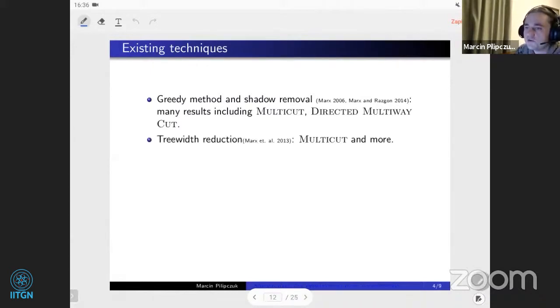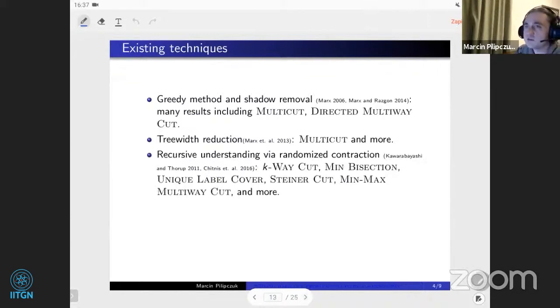There is something called tree reduction, where if you have a fixed sink and fixed source, then all the cuts of size at most k between these two fixed vertices are actually constrained into a bounded treewidth graph. So you can use a lot of bounded treewidth routines.